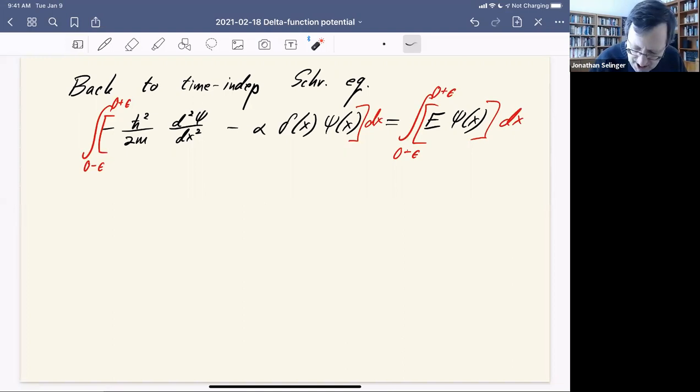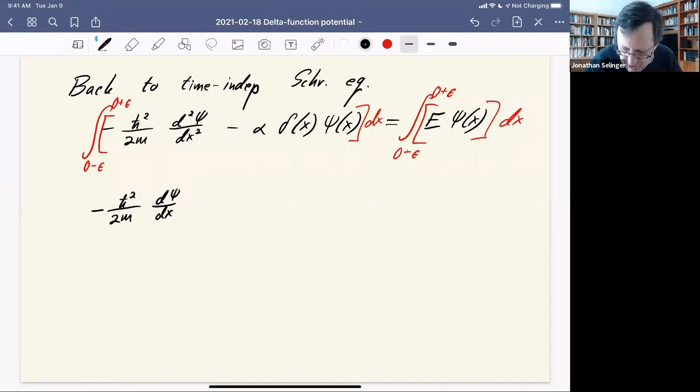So the integral of the second derivative of psi is minus, well, we have this coefficient, h bar squared over 2m, and then the first derivative of psi, d psi dx, and I'm going to evaluate this from 0 minus epsilon to 0 plus epsilon.